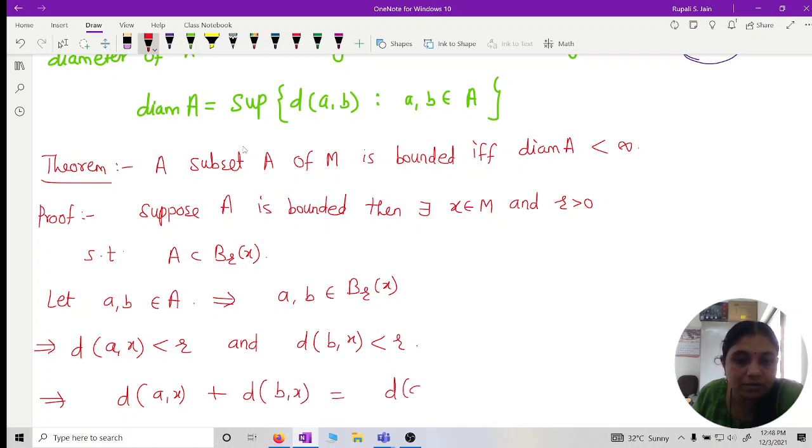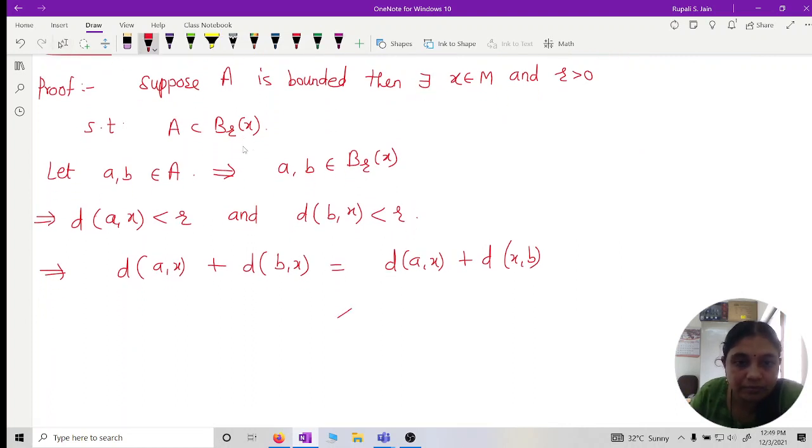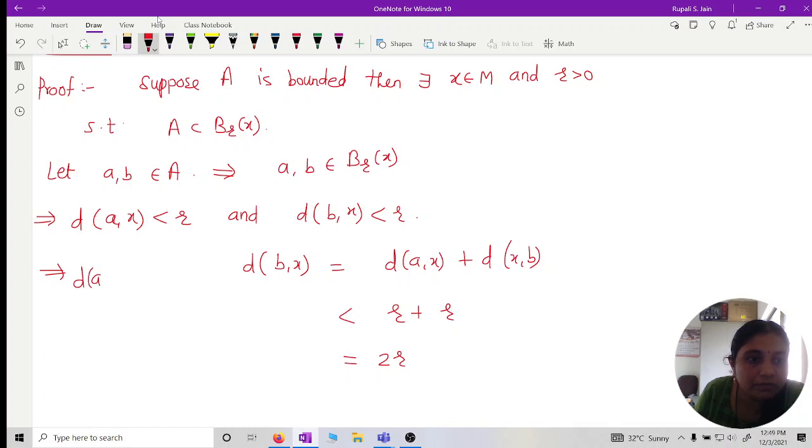So the distance between a and b is at most the distance of ax plus the distance of xb, which is less than r plus r, which is 2r.